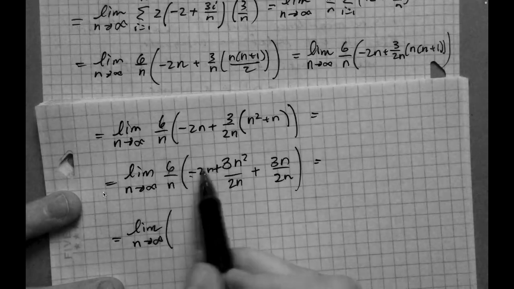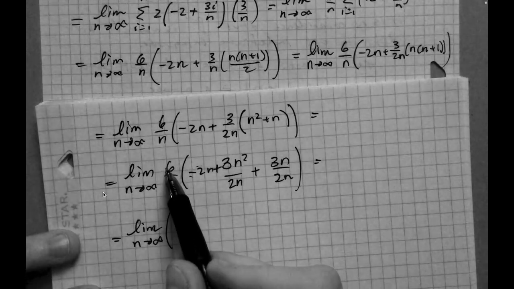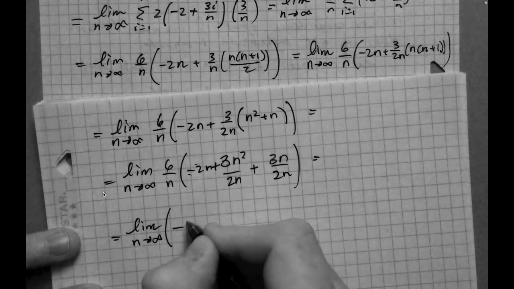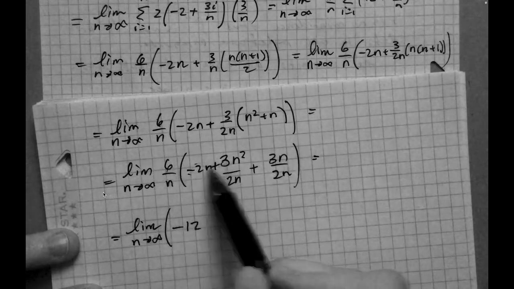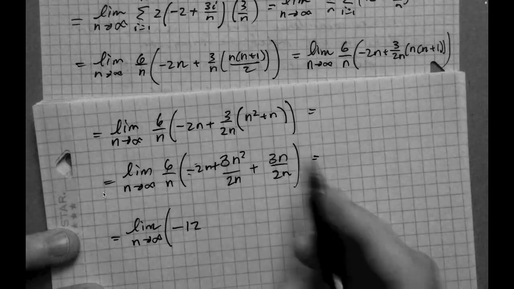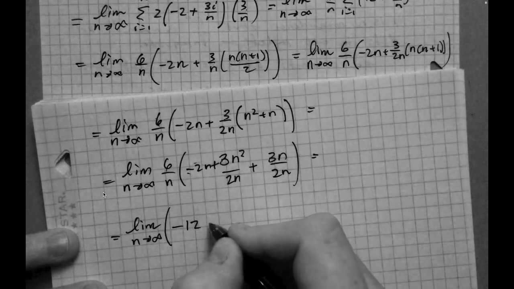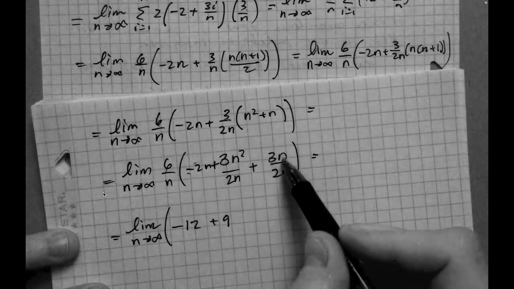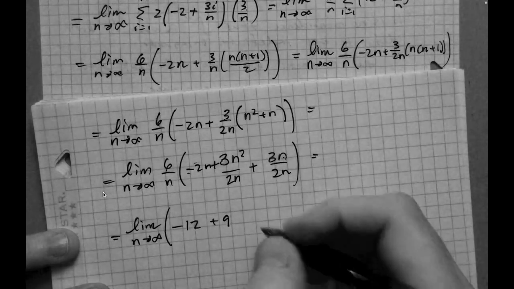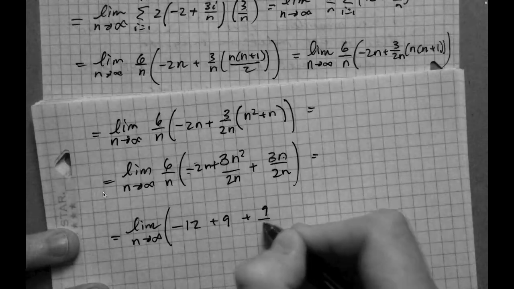Now all of this is going to be a lot of canceling, so we get -12 here, and then we get a 9, right? 6 times 3 is 18, divided by 2 is 9, and the n's all cancel. And then down here we're going to have an n and then an n squared, so it'd be plus 9 over n.